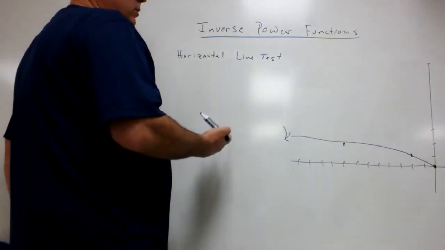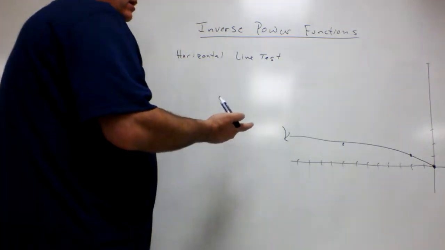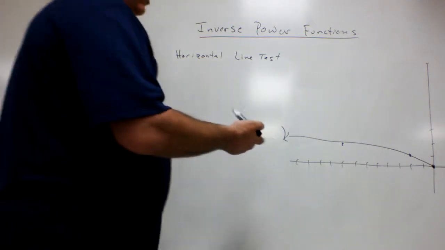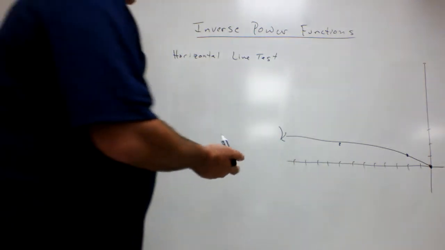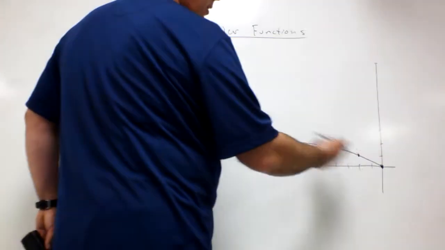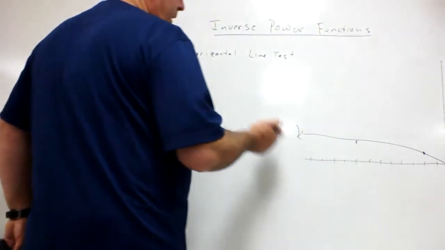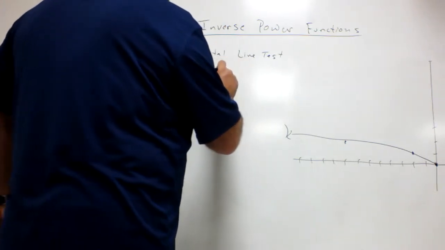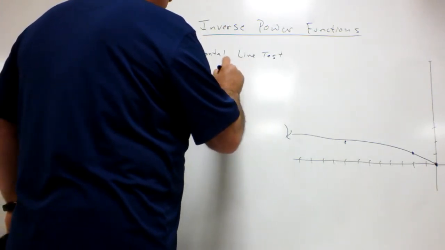Well, here we're going to do a horizontal line test, and if it passes the horizontal line test, then it's a function. So if we go horizontal to here, you can see that the graph isn't going to double over itself, so it does pass. It is a function. So, passes.